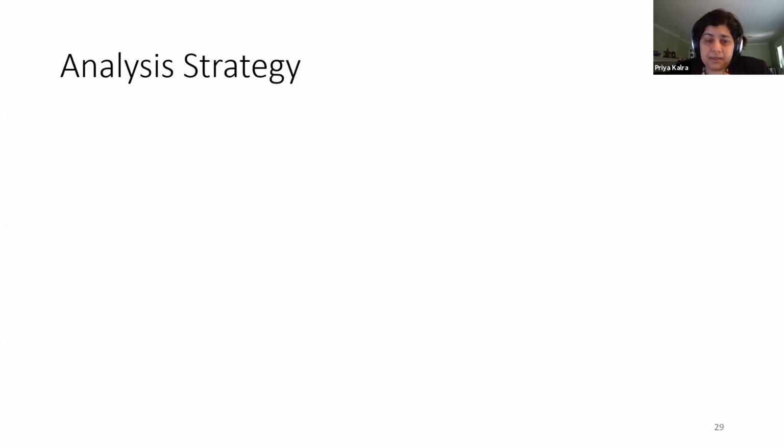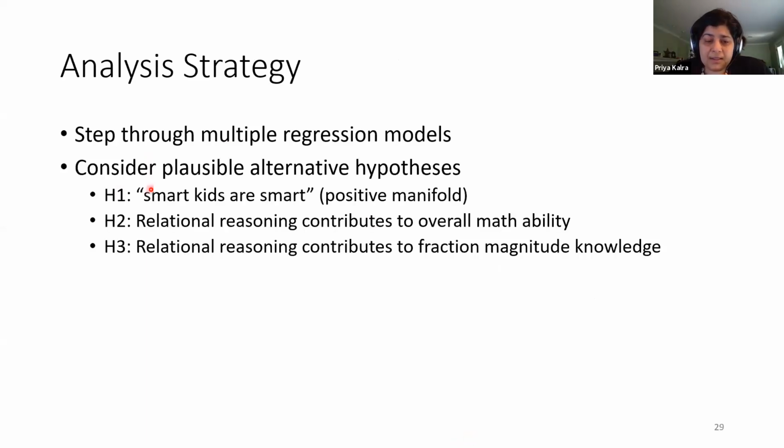So the strategy here is to step through multiple regression models and consider some plausible alternative hypotheses and see if we can reject them. What we're thinking is that relational reasoning specifically is important for fraction knowledge or fraction understanding because fractions are relational in a way that whole numbers are not. Here are the alternative hypotheses. Maybe smart kids are just smart, right? People who are good at one thing tend to be good at another thing.